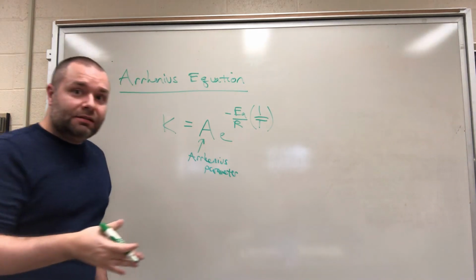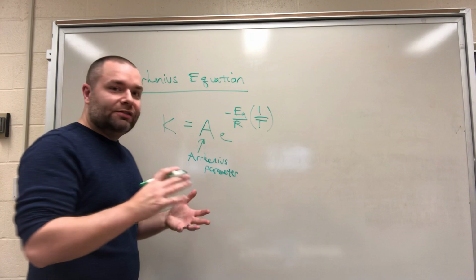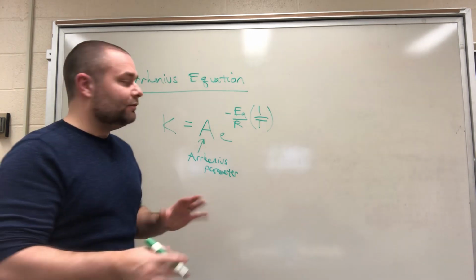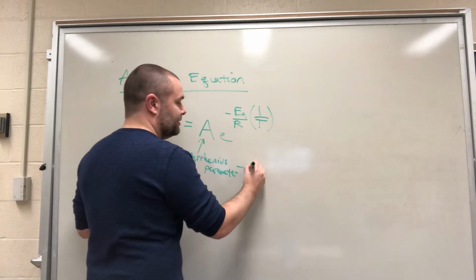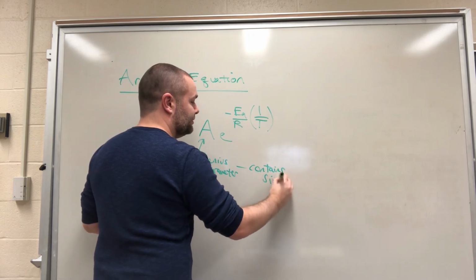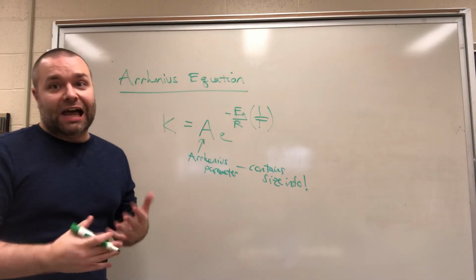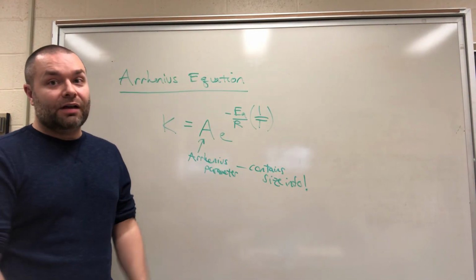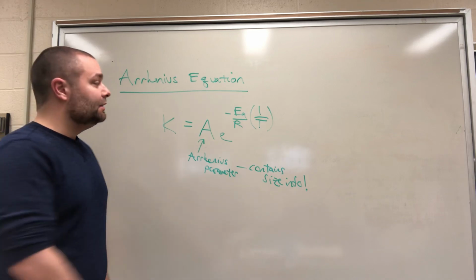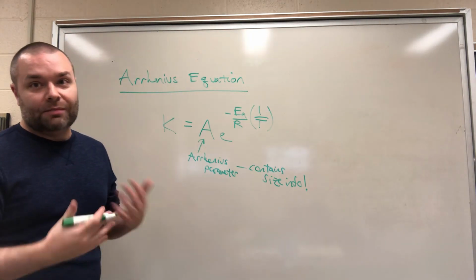And for us, at this level of chemistry, this contains your size and your orientation information. Let's just put it this way: this contains size information. So we expect bigger molecules to have a bigger A. And a bigger A, what do we see again? You see a proportionality, a bigger A would be a bigger K.